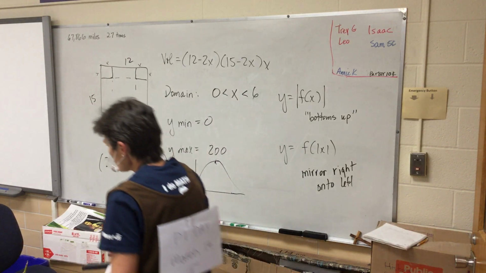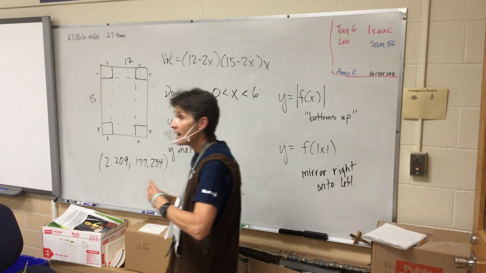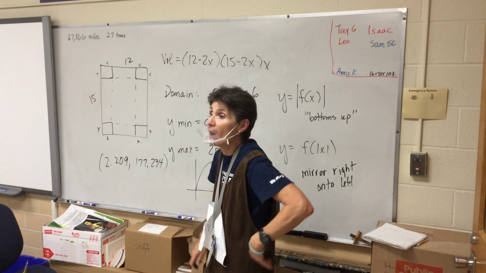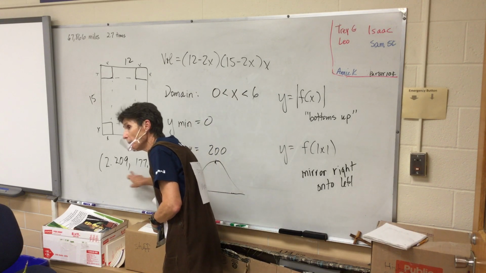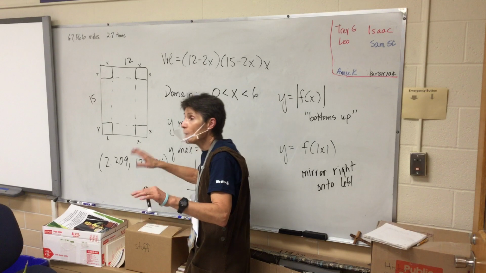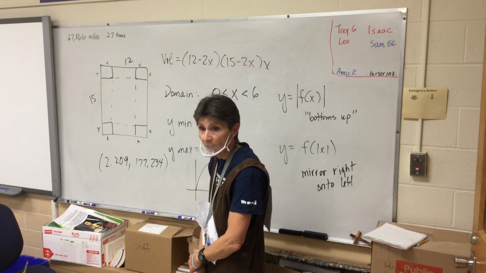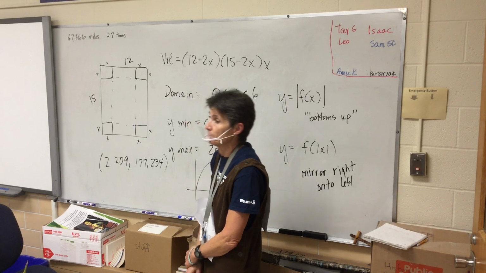Now, what was the question? The question was, find the maximum volume. So of these two numbers, which came up on my calculator, which one do I want? My goal is to find the maximum volume. The Y value?